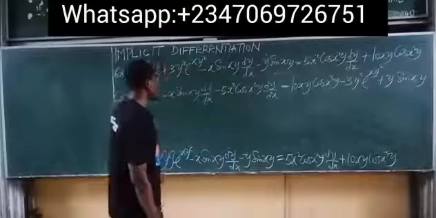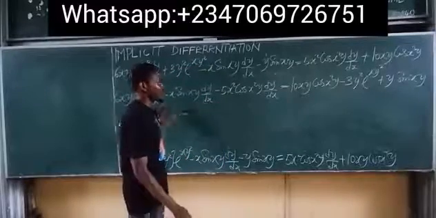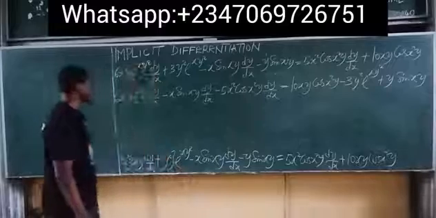So at this point is to simply factor out, of course, the dy over dx, which is common amongst all. You simply factor out the dy over dx.